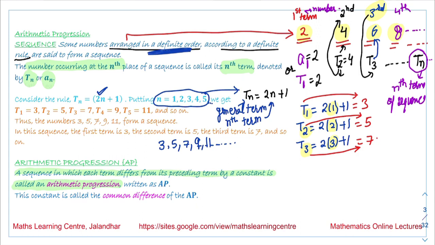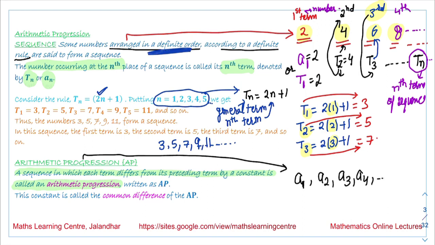Suppose the first term of the sequence is A1. I am talking about any arithmetic progression. The next term is A2, next is A3, next is A4, and so on.